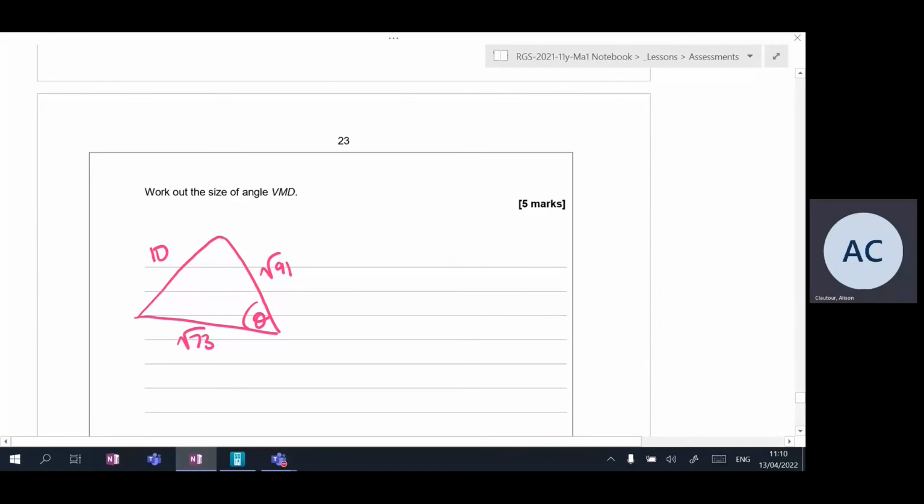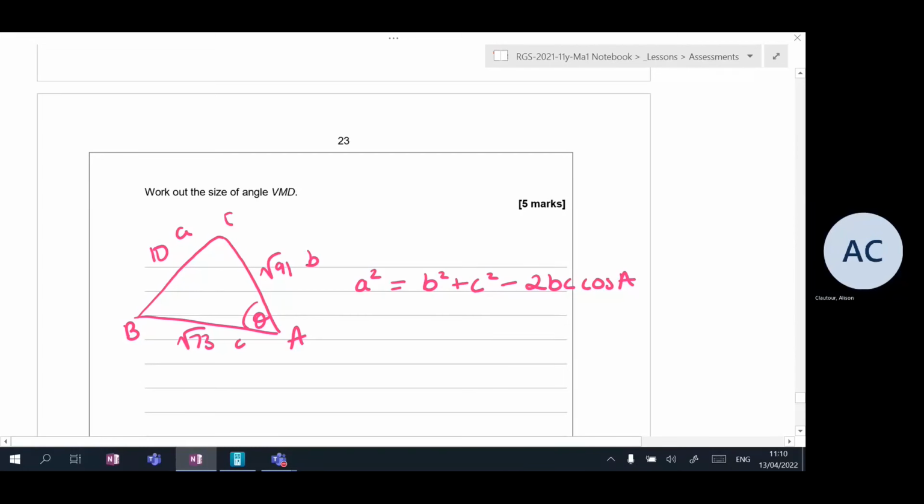The cosine rule is given to you in this format. So that's A, that's little a. Doesn't really matter which one's B and C. But you can see we're doing 10 squared, 91, 73.